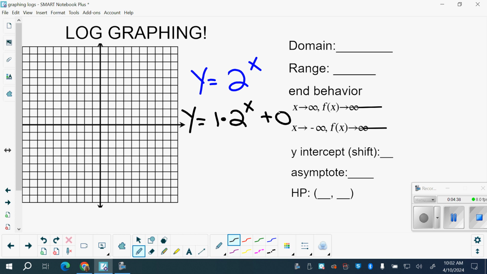Right now on your paper, graph this guy. He's not shifted. He's the basic easy graph. He's super, super easy. Do me a favor, get a helping point. It's really easy. And then when you're done, look at your neighbors to make sure it looks right. And then I'm going to put one up.